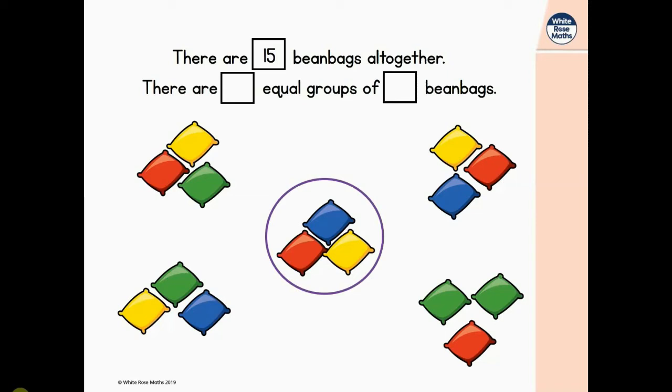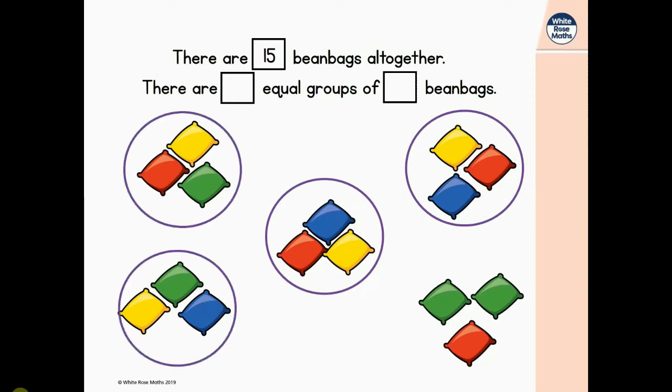There's a group, 1 group with 3 beanbags. Can you see another group of 3 beanbags? Yep, there's one. And another? Oh yeah. Great. How many equal groups have I made? Yes, there are 5 equal groups. But there are 5 equal groups of how many beanbags? How many beanbags are in each group? Right. There are 3. So we can say that there are 5 equal groups of 3 beanbags.